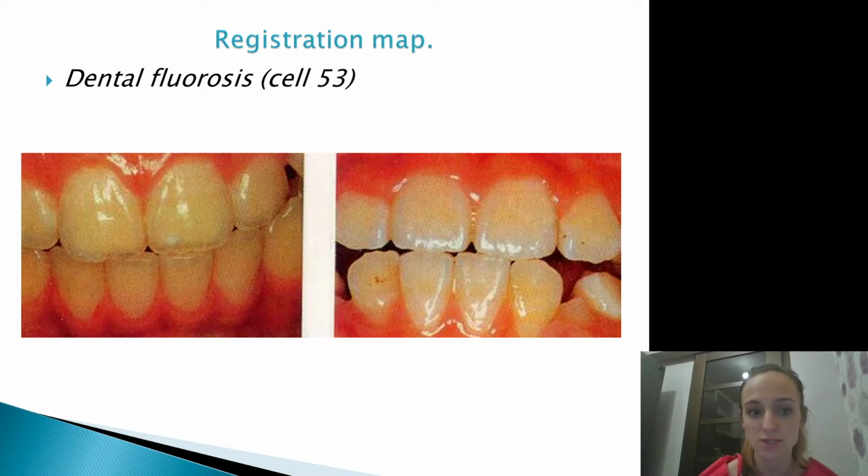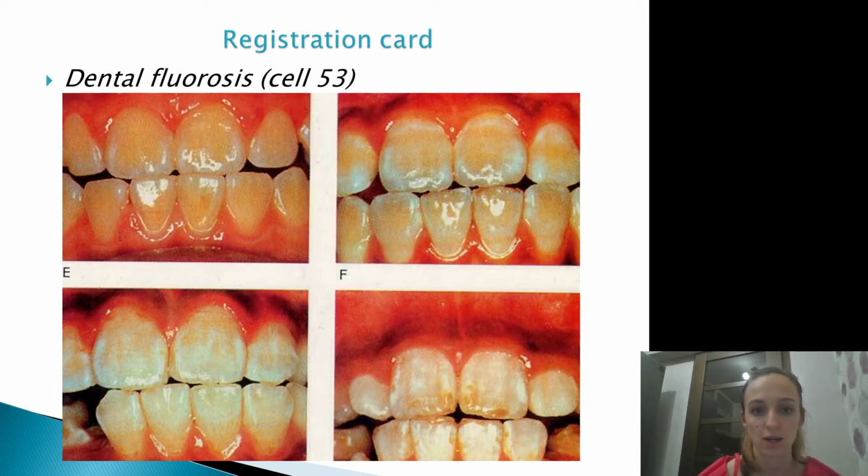Dental fluorosis. If you see these white, these yellow spots on the teeth, it is fluorosis. And the cell for this information is 53. Here you can see different forms of this disease.